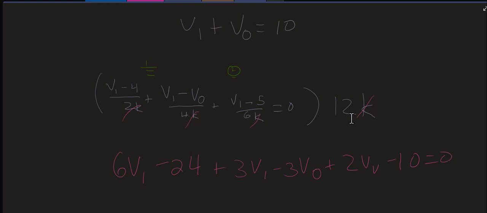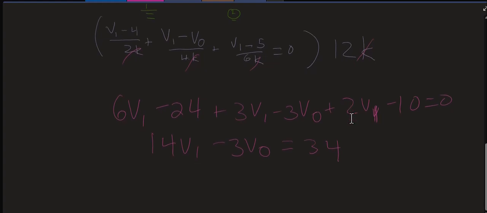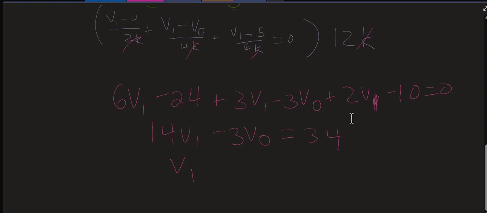Oh, yes, it would. Okay. So I get 6V1 plus 3V1 is 12V1 plus 2V1 is 14V1 minus 3V out equals 34. And then V1 plus V out equals 10.